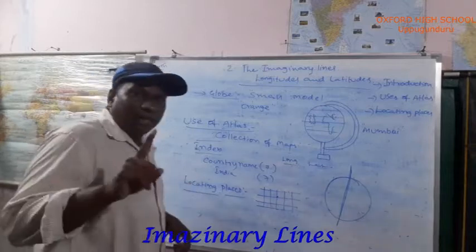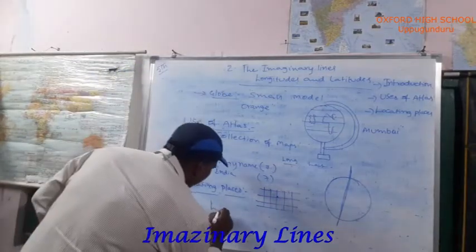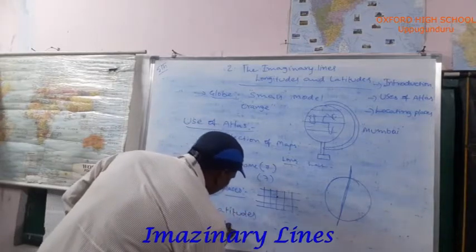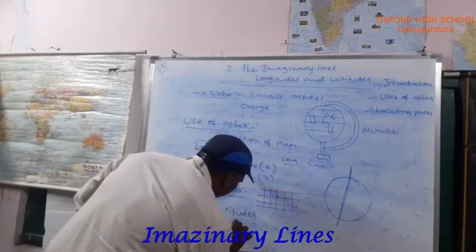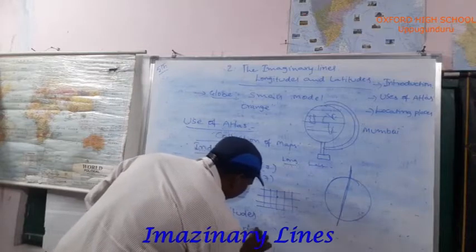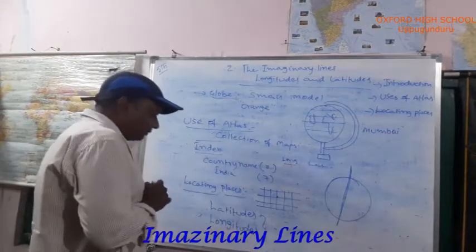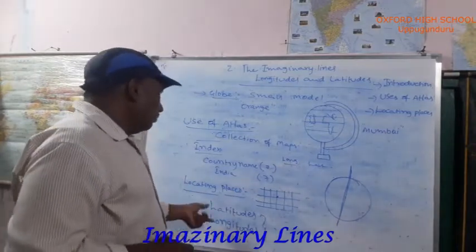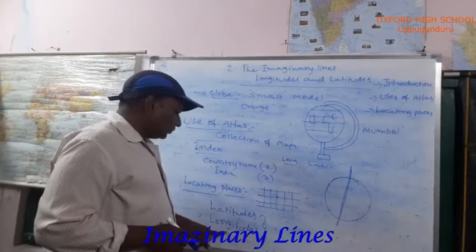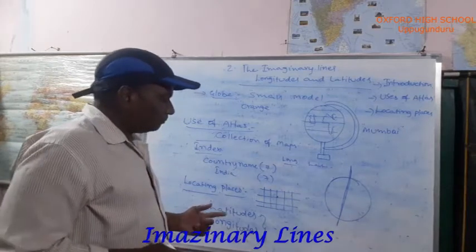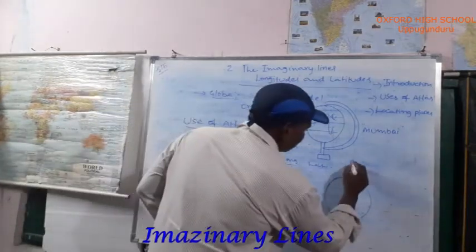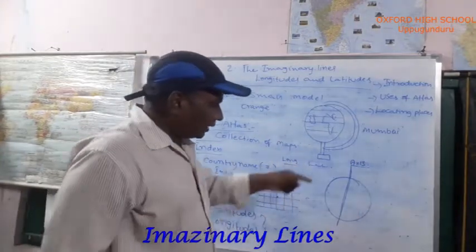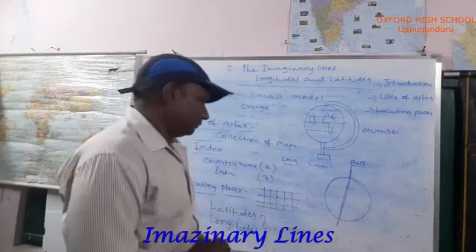By using the latitudes and longitudes, we may find one particular location. This axis is also an imaginary line passing through the middle of the earth.